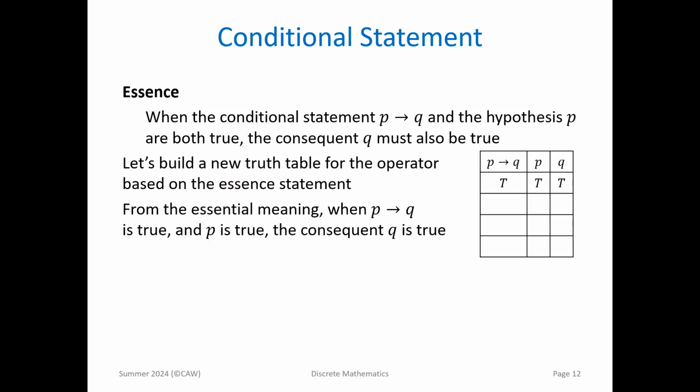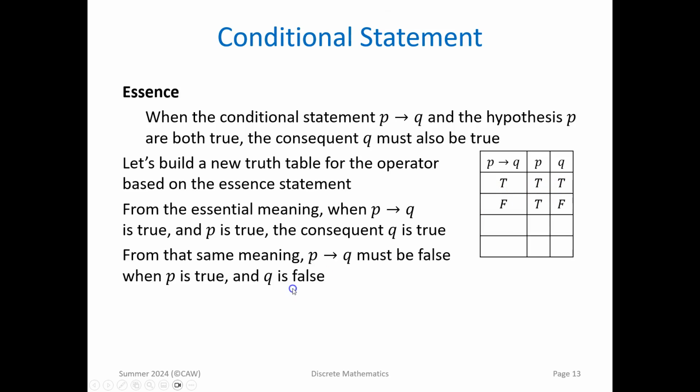From the essential meaning, I think you can all agree that when the conditional P then Q is true and P is true, the consequent Q is true. So true, true, true. And from that same meaning, we want to say that P then Q must be false if you have the combination P true and Q false.